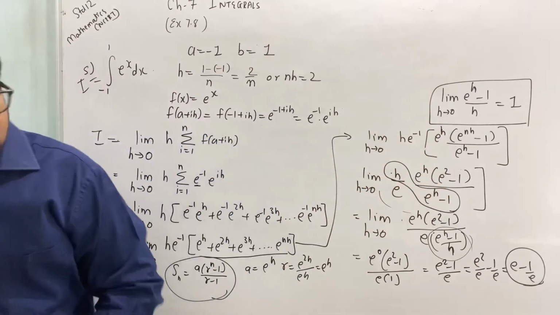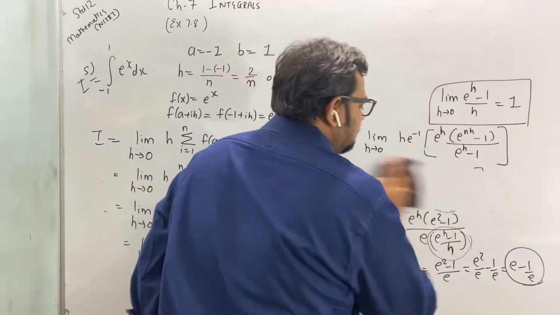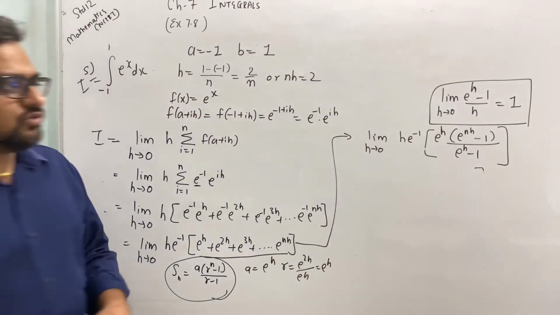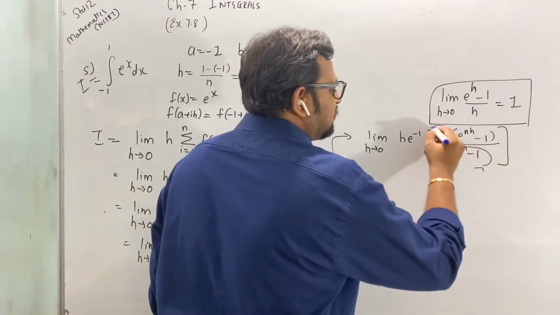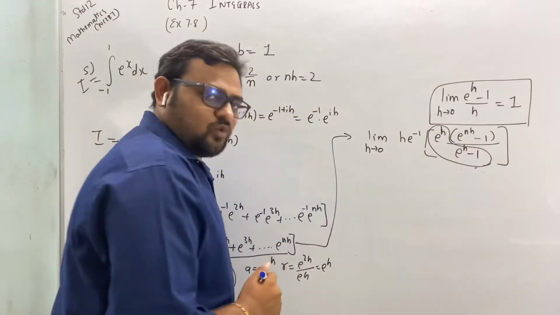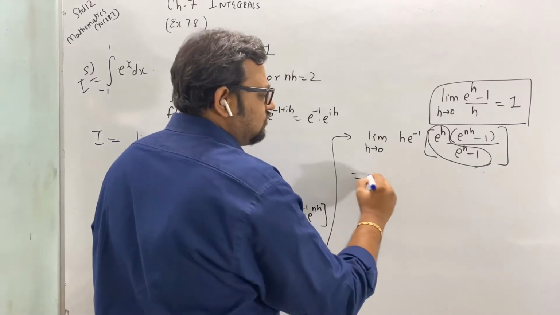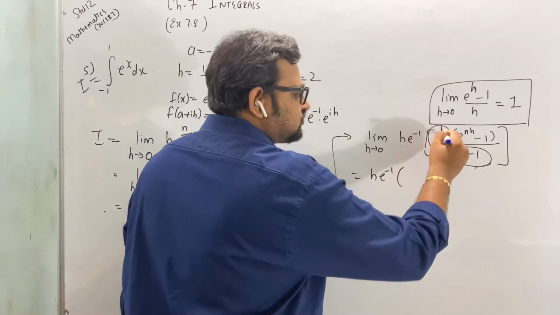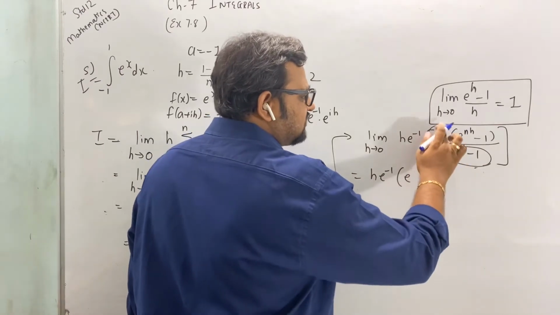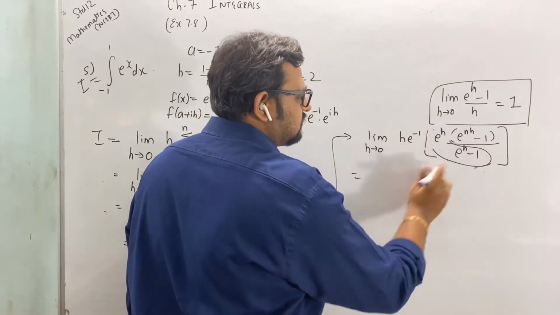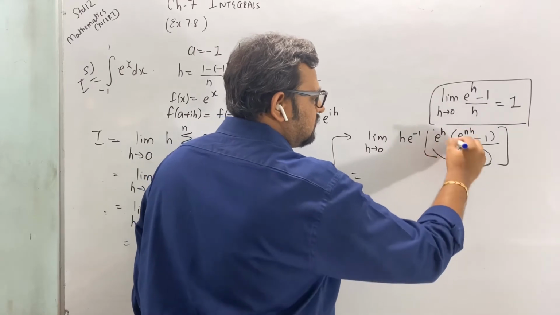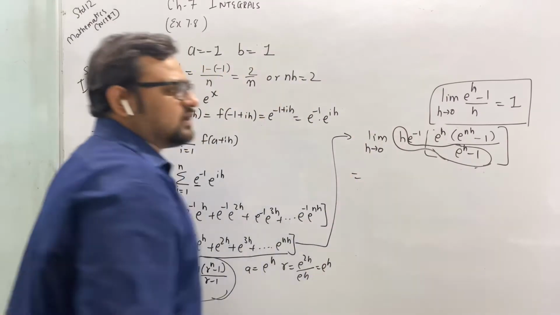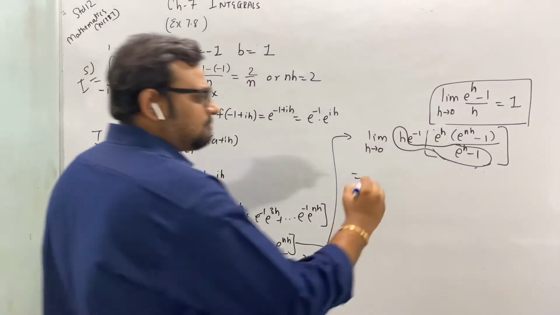See, if you want to finish it in short, then what you can do, see, e raised to h minus 1 upon h, this is 1.